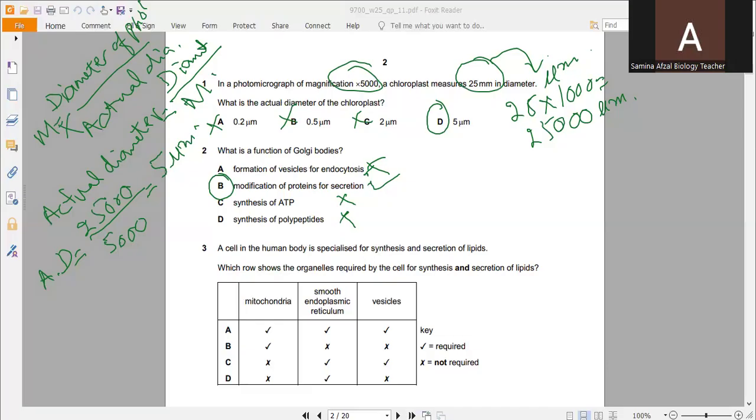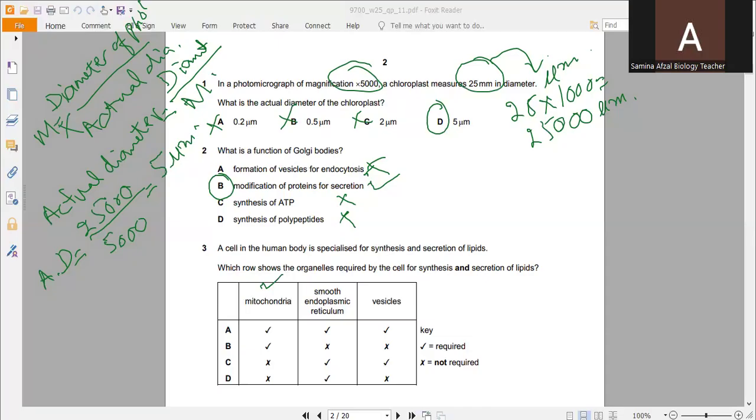The mitochondria is required by the body, because synthesis and transport are active processes that need energy. So the mitochondria option is correct.